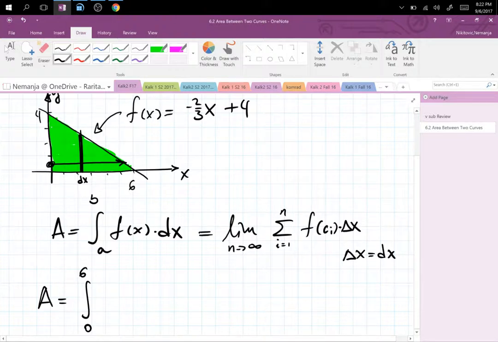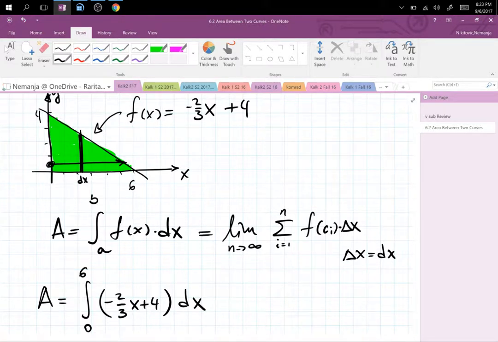So delta x will travel from left to right, right? You can say swipe. And then we have our negative 2/3 x plus 4. You have to put that in parentheses, times delta x, because dx multiplies both terms of this polynomial. So this is how we set up area integrals.